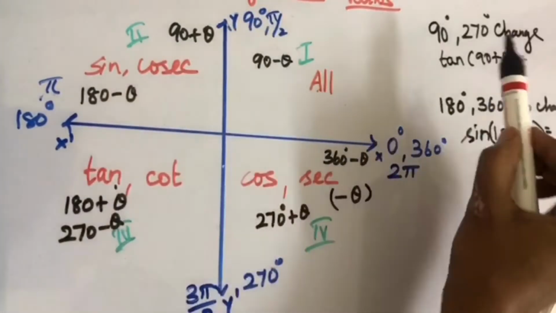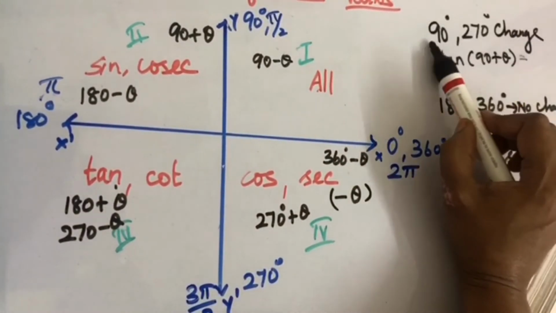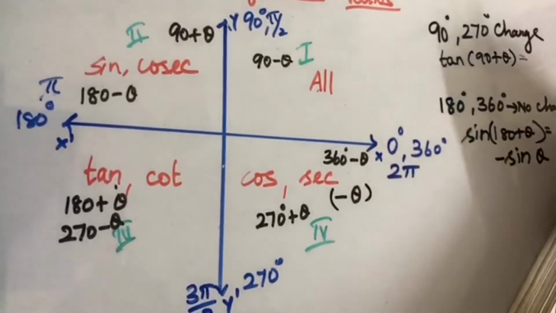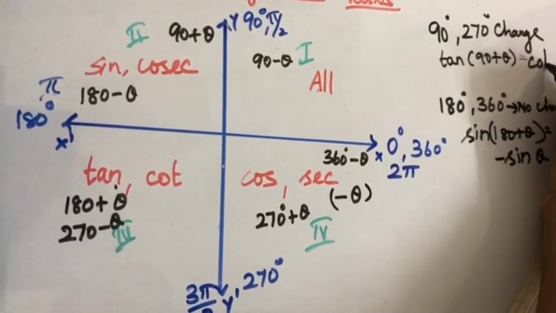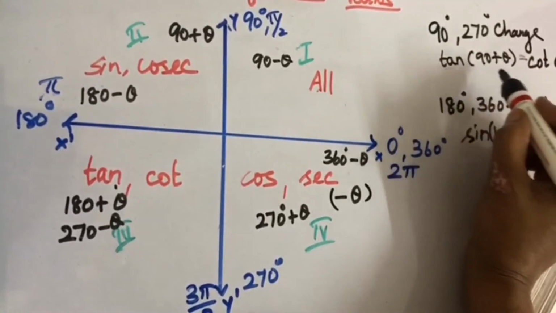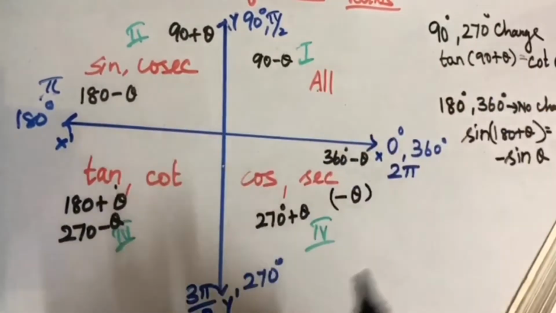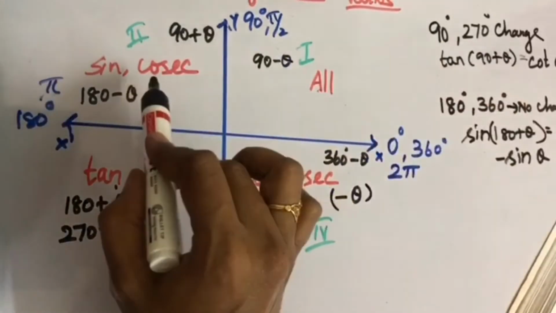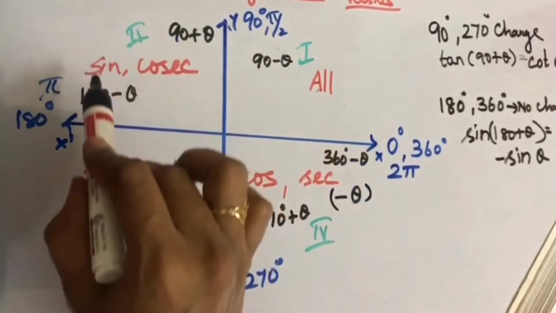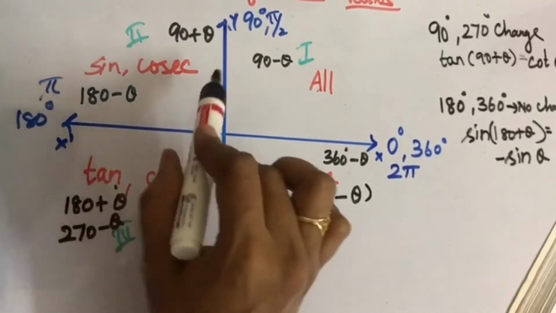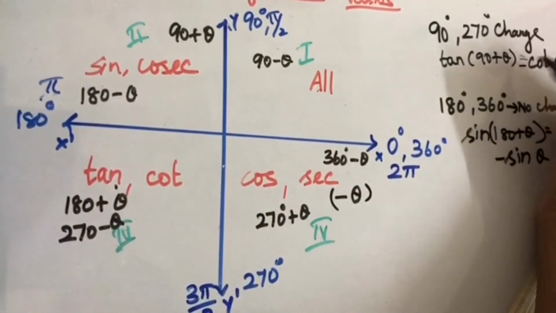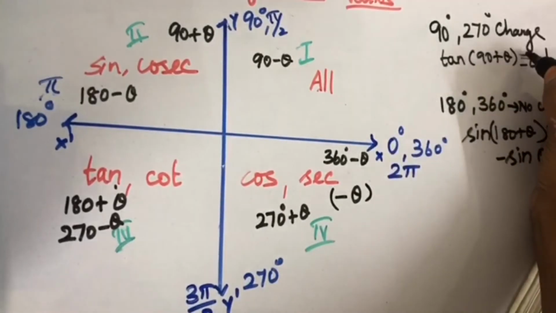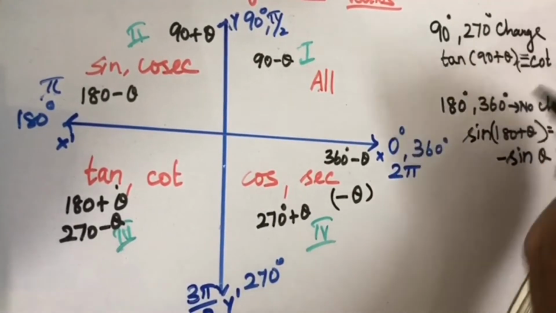Okay. So for 90 there is a change. So the allied ratio of tan is cot theta. So now tan 90 plus theta will become cot theta. What about the sign? Tan 90 plus theta lies in the second quadrant. In the second quadrant tan is negative, sine and cosecant only positive, so it is minus cot theta. Okay, it is equal to minus cot theta.